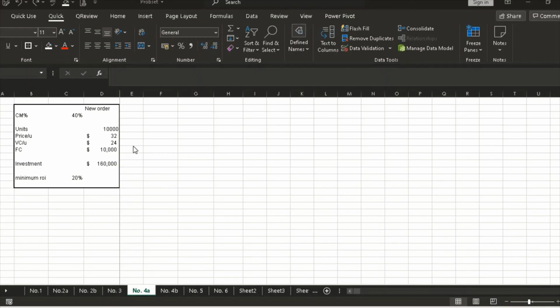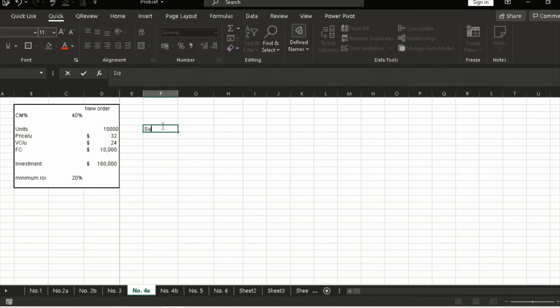To properly evaluate the offer, we have to compute for the residual income. We will start by computing for the sales, which is the price per unit of 32 multiplied by the number of units, that is 10,000.